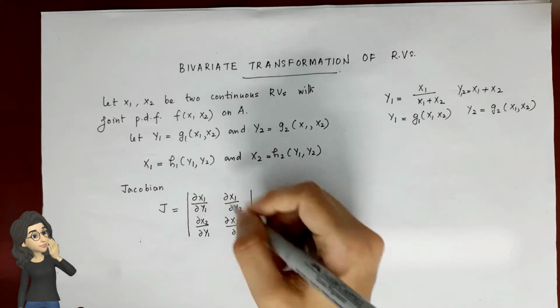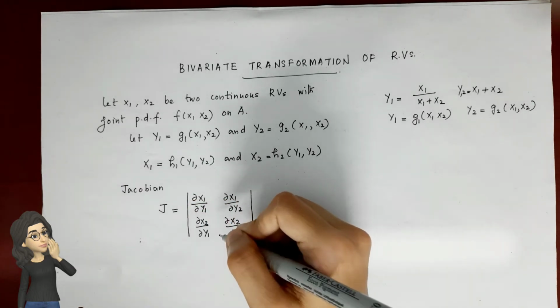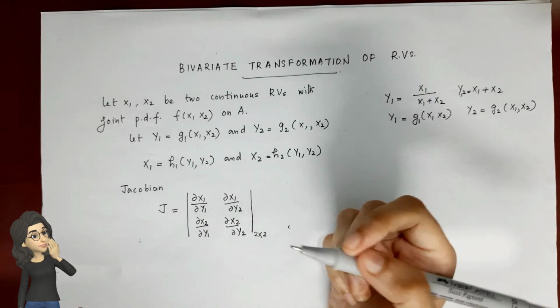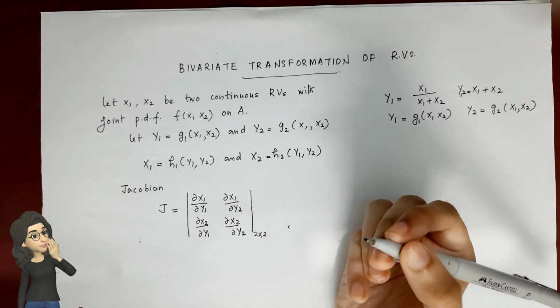This is the matrix of the Jacobian of the transformation, which is denoted by J.